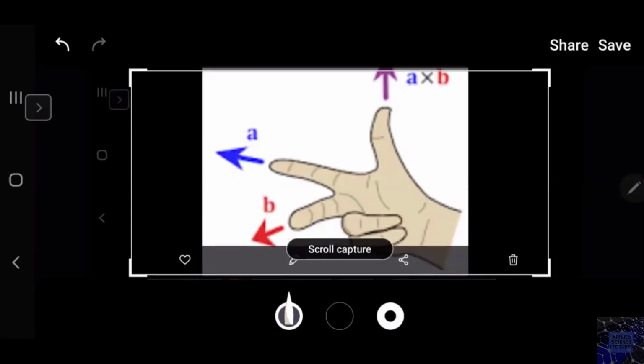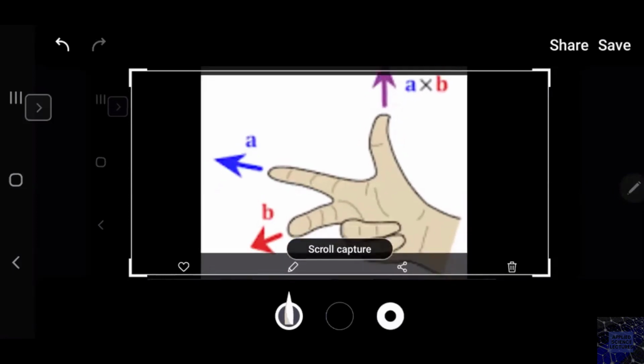If we look at the right-hand rule for any two vectors in general, we will see that the direction is always perpendicular, such that the index finger is pointing toward the first vector, and the middle finger is pointing toward the second vector. Then the thumb will be pointing toward the resulting vector.